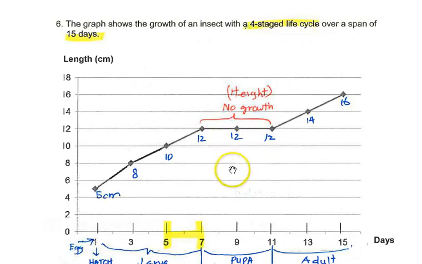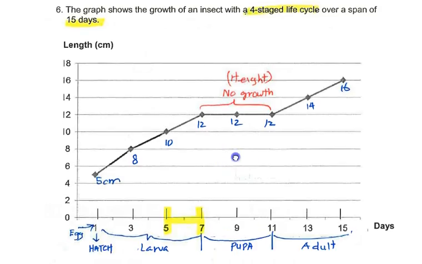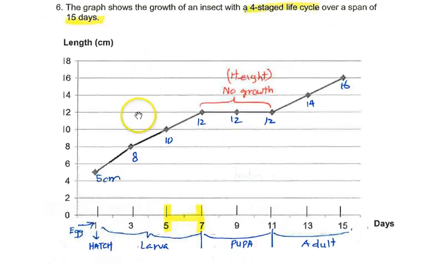Now you can at the same time also understand, it says 15 days, right? 1 to 15 days. You can somehow determine over here there's no activity, all right? Activity is inside the animal, the pupa, right? No visible growth can be seen, all right?